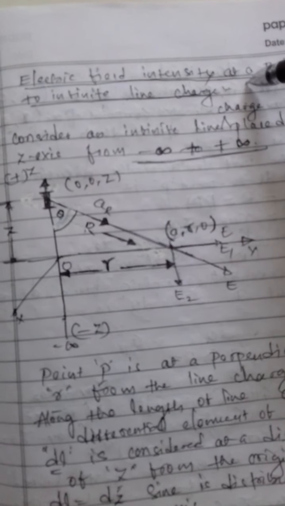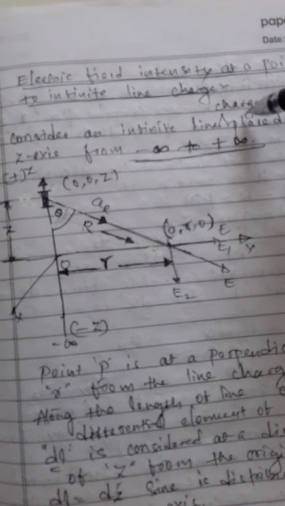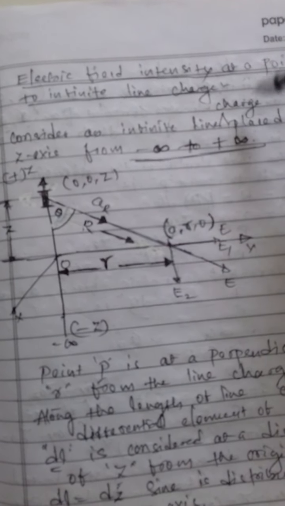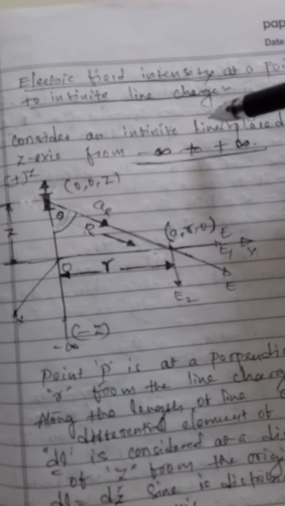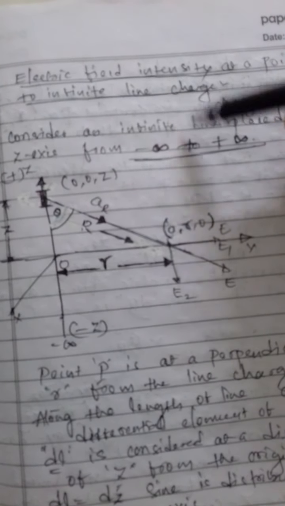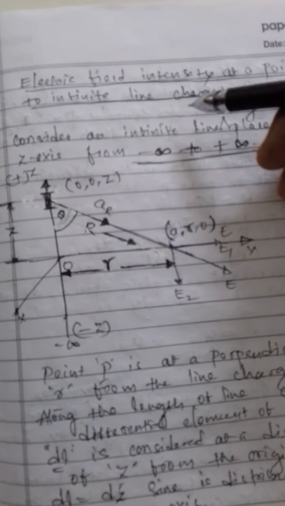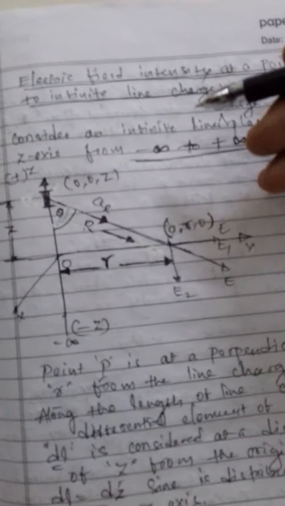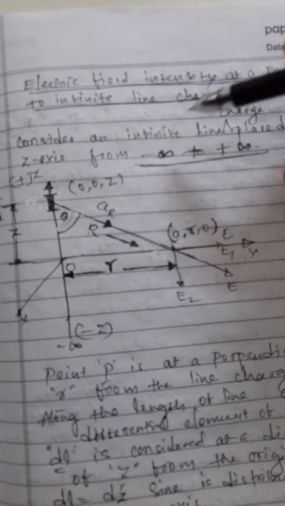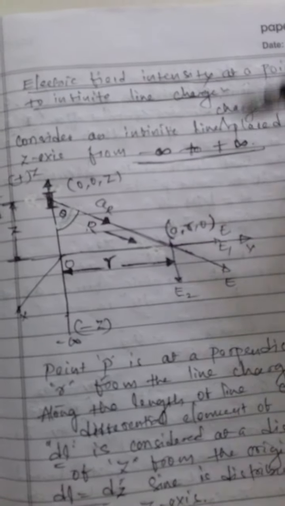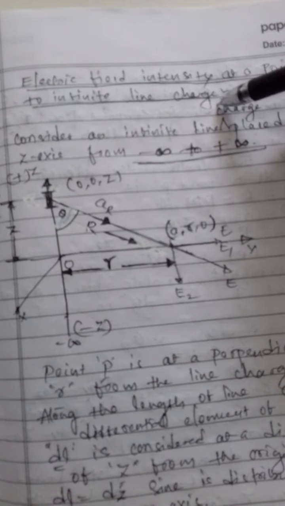Similarly, if the charges are distributed within a volume, that is known as a volume charge distribution. And if the charges are distributed on the surface of a sheet or a plane, that is known as a surface charge distribution.